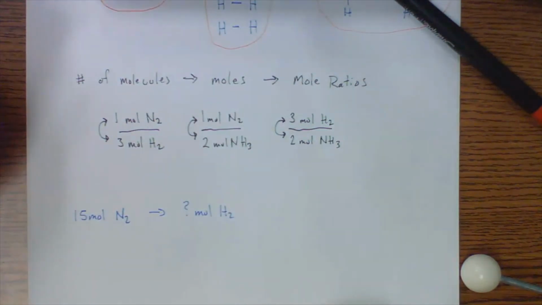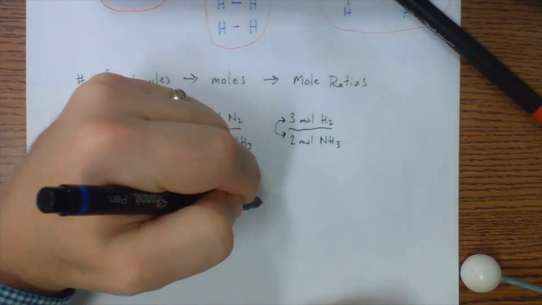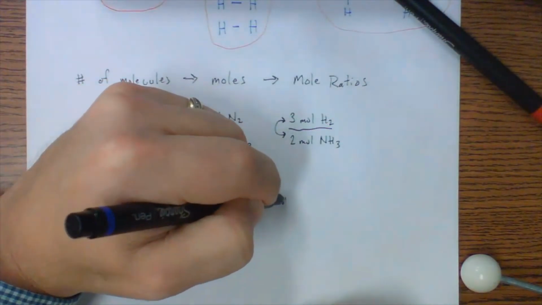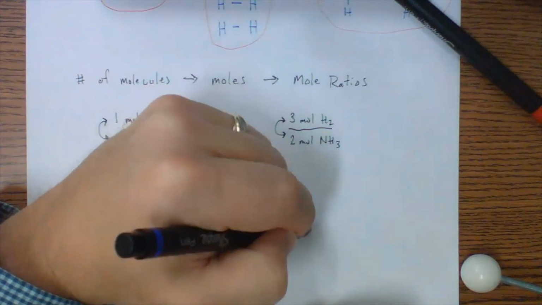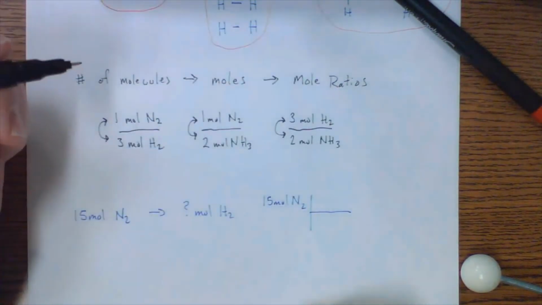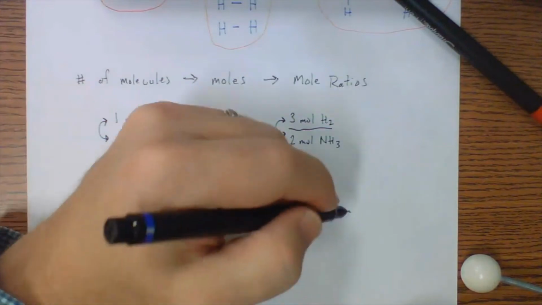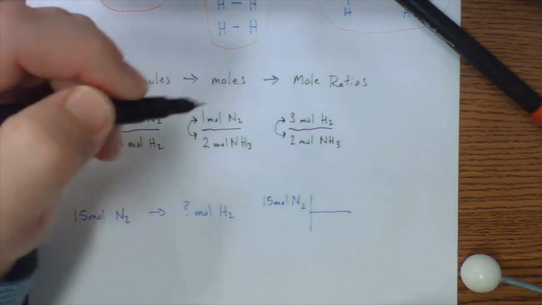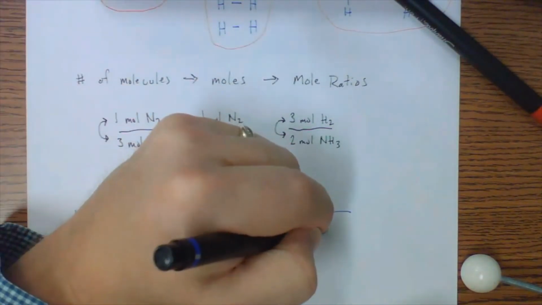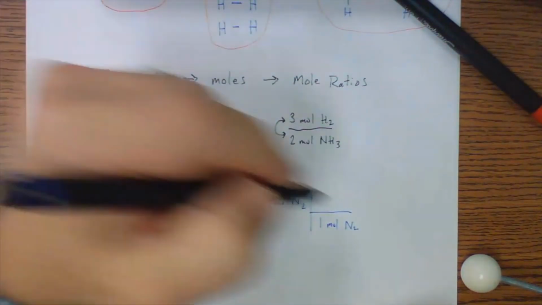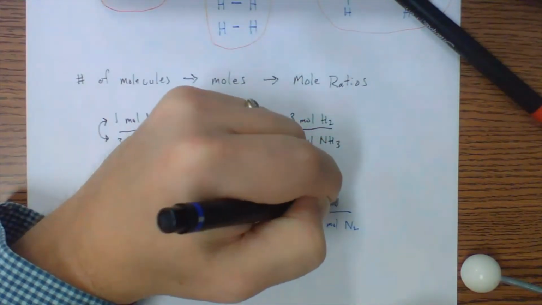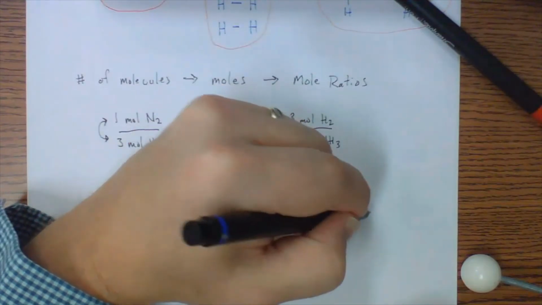Now I can set this up into a dimensional analysis problem. So I'm going to start with my 15 moles of N2, and then I'm going to lay down my domino here, and it's going to be for every 1 mole of N2, I need 3 moles of H2.